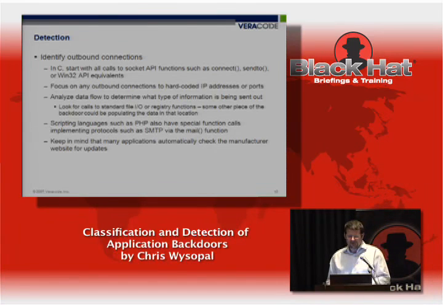And then this was a little more tricky and probably needs to be done manually, but analyze what kind of data is going out over those connections. If it is legitimately sending some information to another server, is that information sensitive? Is it stuff that's supposed to be going out over the network?